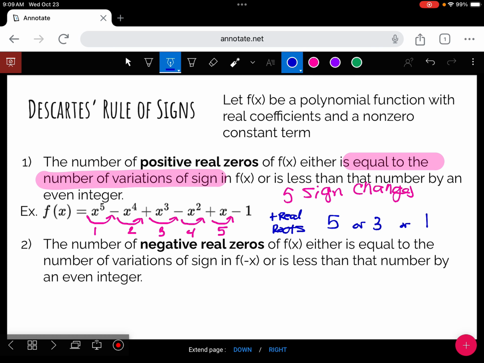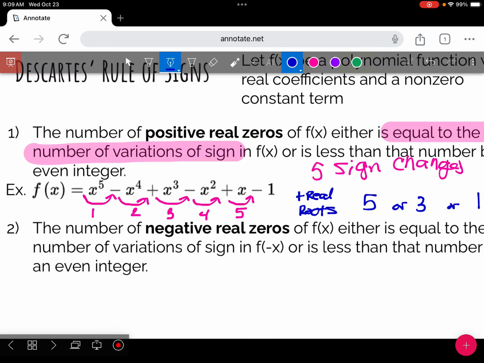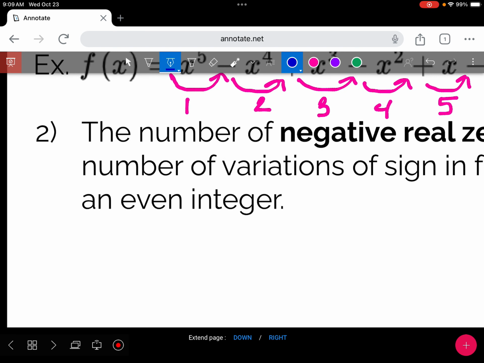It's very similar for finding our negative roots, but we have to do a substitution first. We substitute in the opposite of x into our function. So we take our f of x and find f of minus x. I'm going to write the whole thing out, and then we'll simplify it and see what happens.